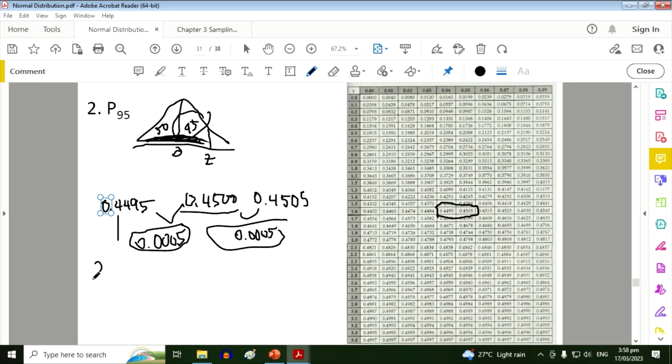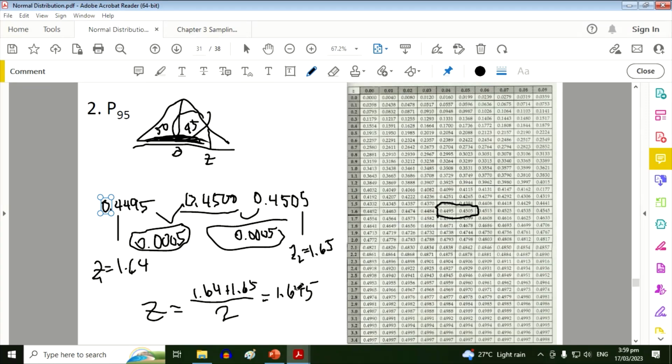The z-score for this one, z sub 1, is 1.64, and the other one, z sub 2, is 1.65. Our final z is just the average of these two: 1.64 plus 1.65 divided by 2, because there are only two numbers. The result is 1.645. Do not round this off because we are taking the average. And z is on the right side, so it's positive. Therefore, our final answer is 1.645.